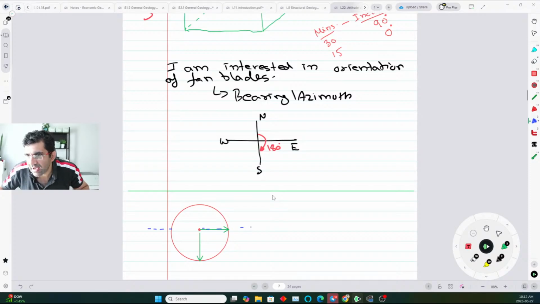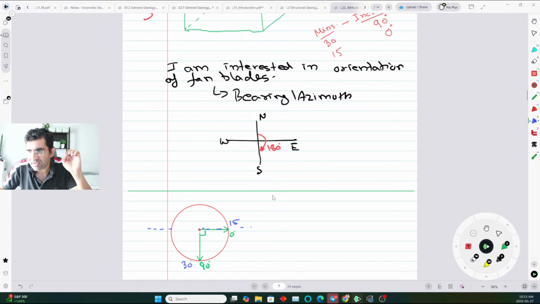So this angle is 0 degrees here. So it has a 0 degree inclination and a 90 degree inclination here, because now this angle is 90 degrees. And the minutes in each of these cases are 15 minutes and 30 minutes.